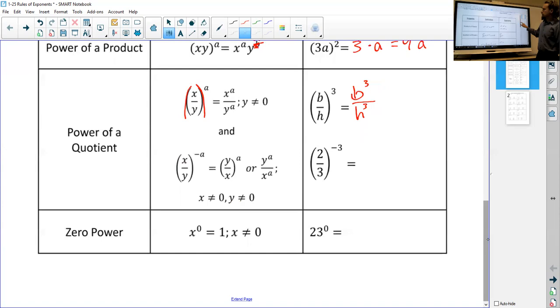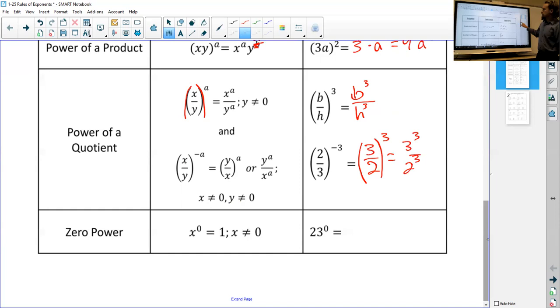So (2/3) raised to the negative third power, I'm just going to flip 2/3. That's going to become 3 halves. And then instead of the negative third, that would be equivalent to the positive third. And then we could expand that out. This would be 3 to the third divided by 2 to the third.